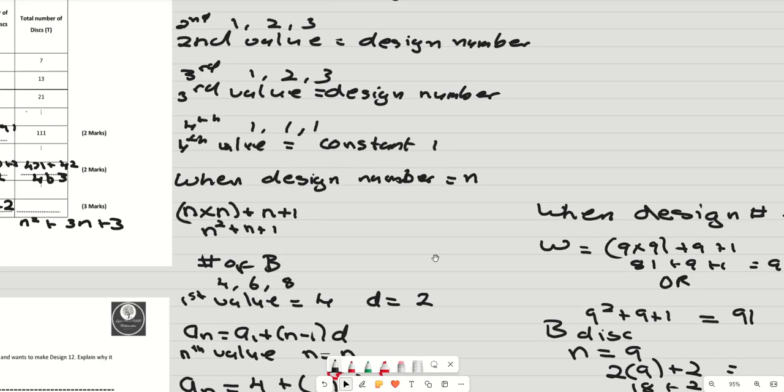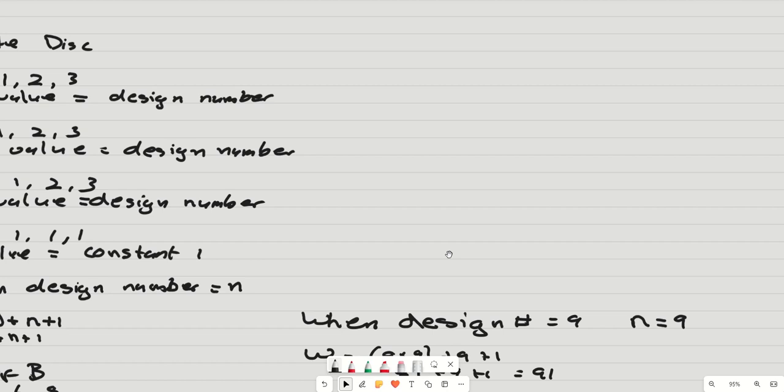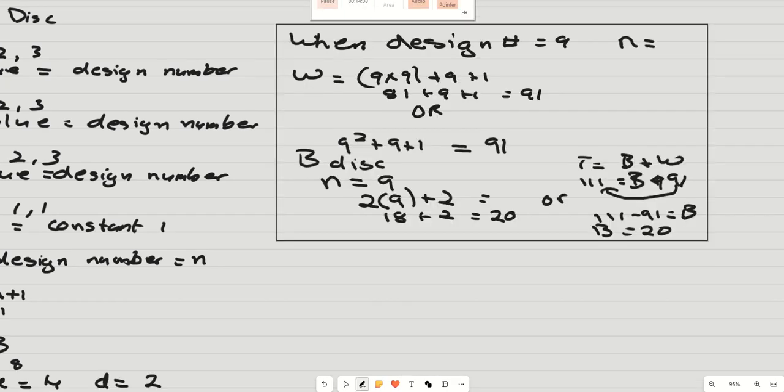Let's do it. The second method would have been when you have your white disk equal to 20 by 20 plus 20 plus 1, which is equal to 421. We know the first, the second, and third value is equal to 20. That is your design number.